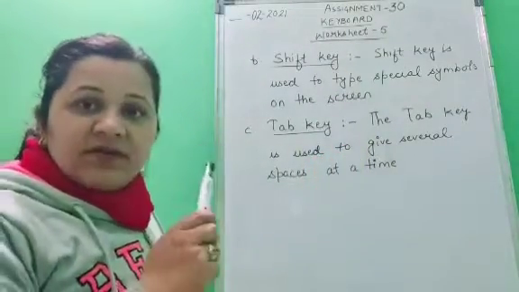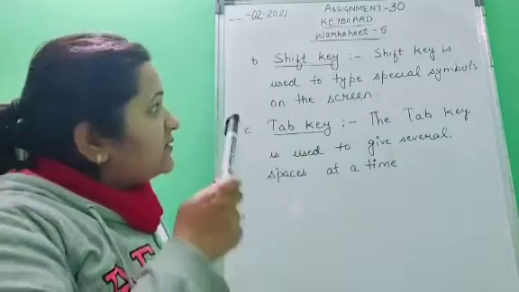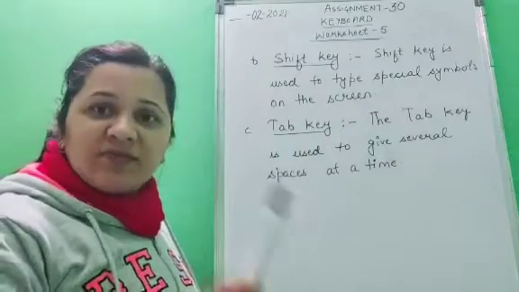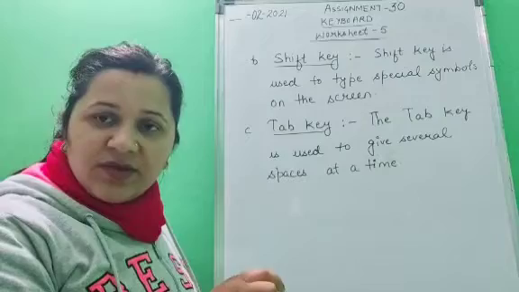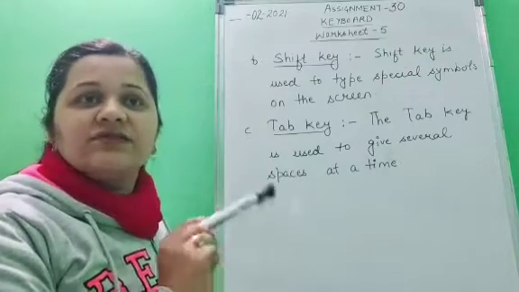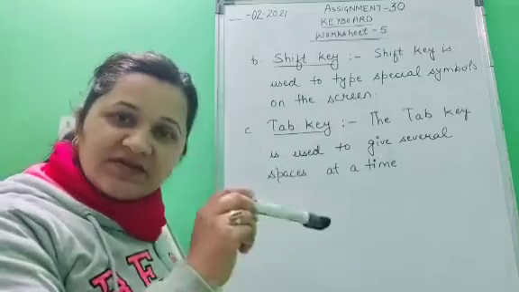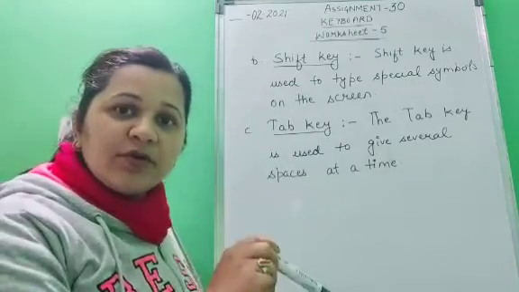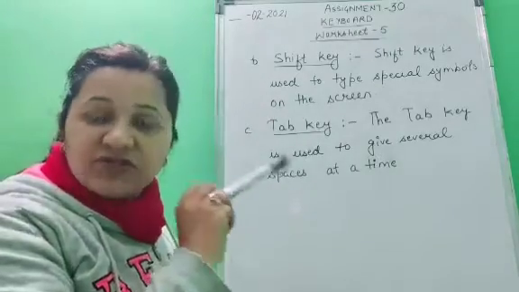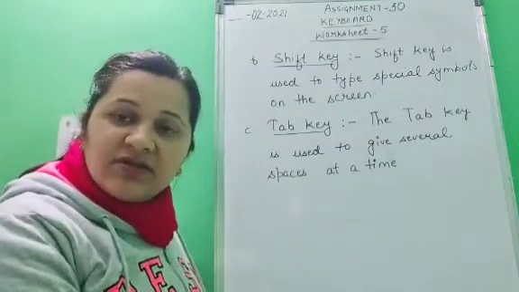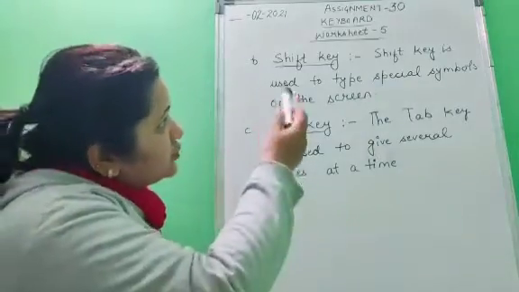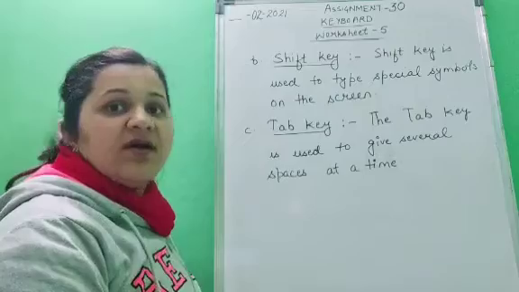We have already discussed that the shift key is used to type special symbols like those punctuation marks. If you want to use them on the computer screen, you have to press the shift key along with the special key symbols. So this is used to type special symbols on the screen.